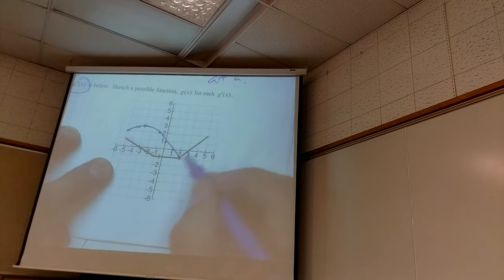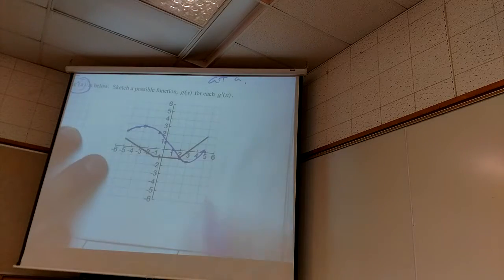The slope here, on average, sure, it's negative, but it's getting more positive. What's happening right at 3? The slope is 0, so it should be flat here. And then it's getting more positive, so I don't need you to be too precise.